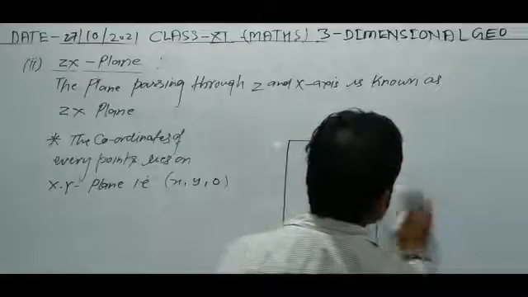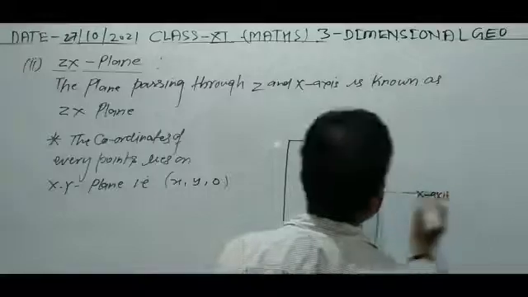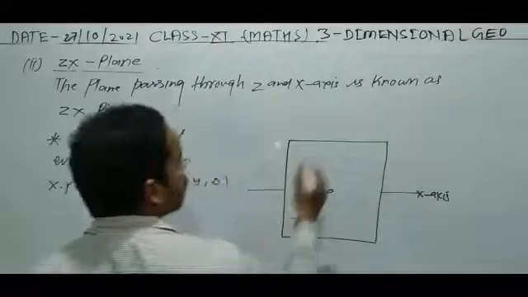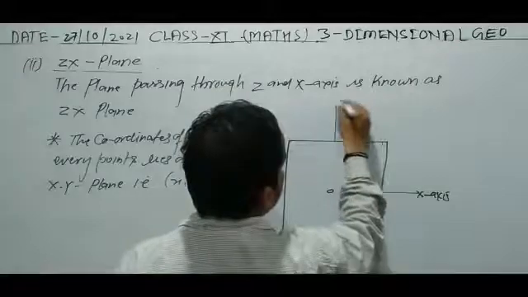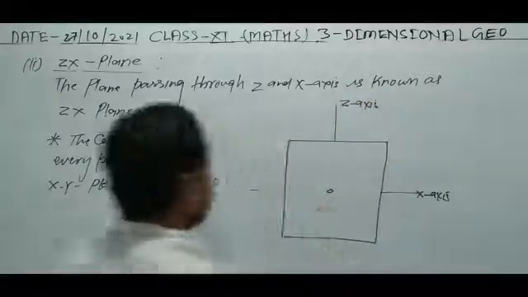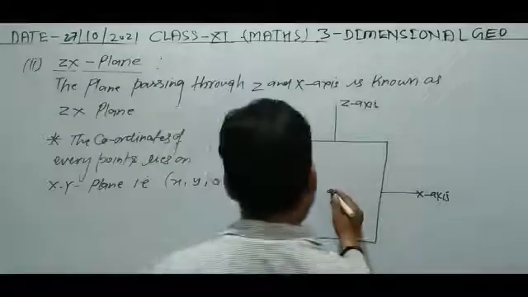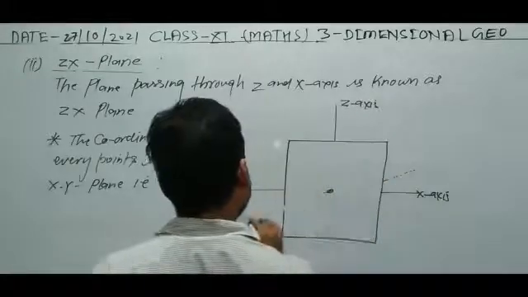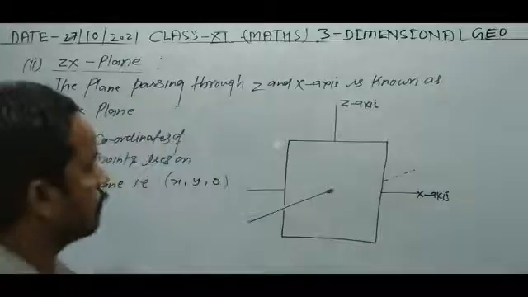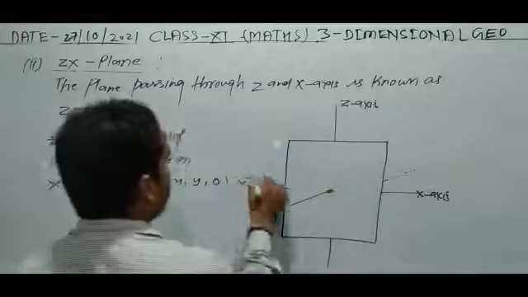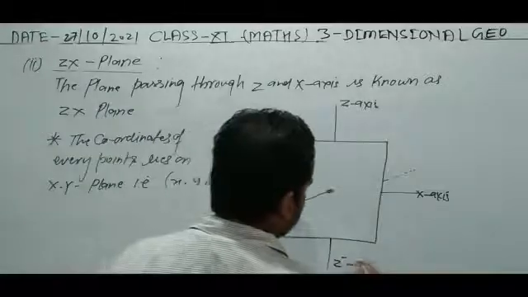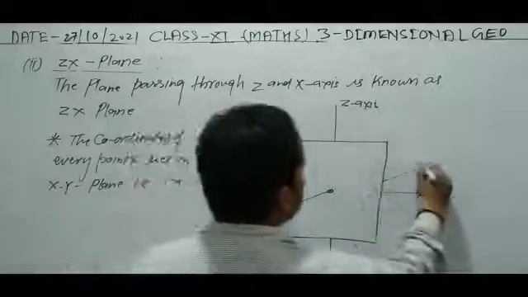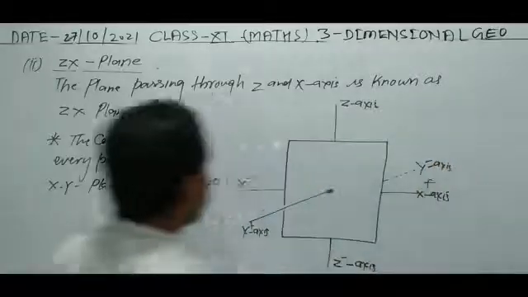This is the x-axis, this is the y-axis perpendicular, and this is the z-axis. This is the negative z-axis, negative x-axis, a positive y-axis, and negative y-axis.